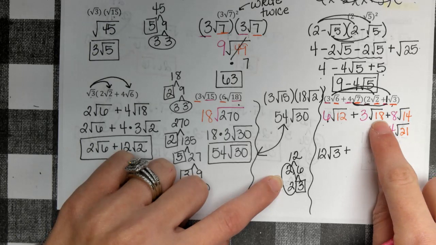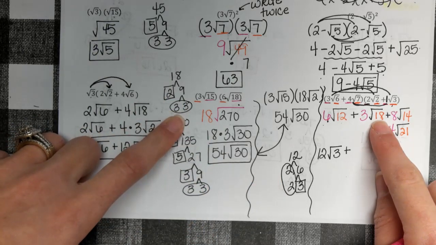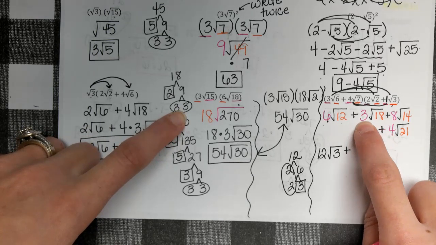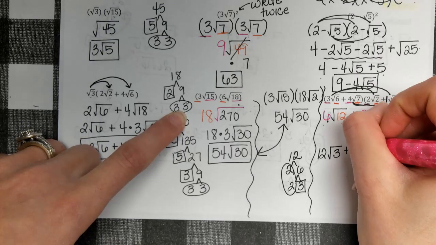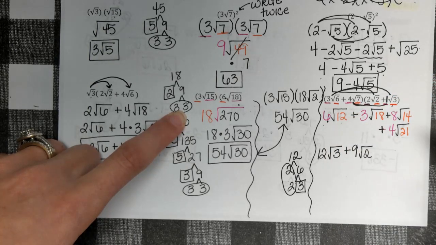Plus 3 square root of 18. Square root of 18, I've already simplified over here, so I'm not going to do it again. Okay? That 3 comes out and is multiplied by this 3. So that becomes 9 square root of 2. Y'all following me?